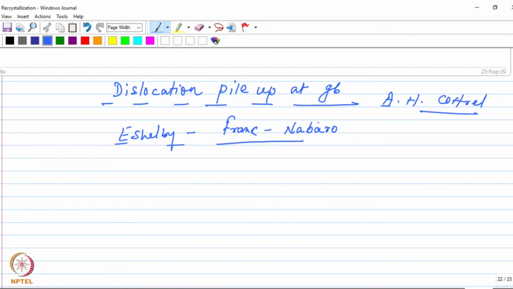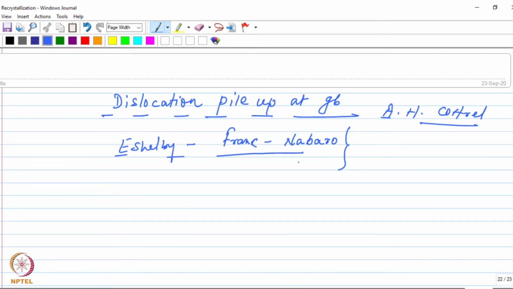So with the help of this dislocation pile-up theory which was proposed by Cottrell, Eshelby, Frank and Nabarro actually took it up to derive the Hall-Petch relationship.